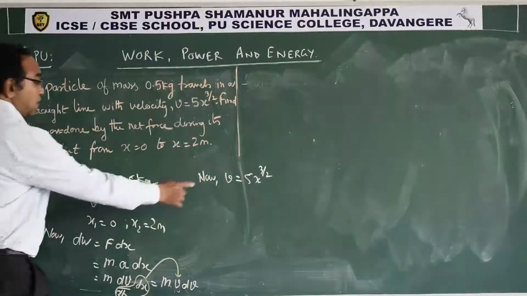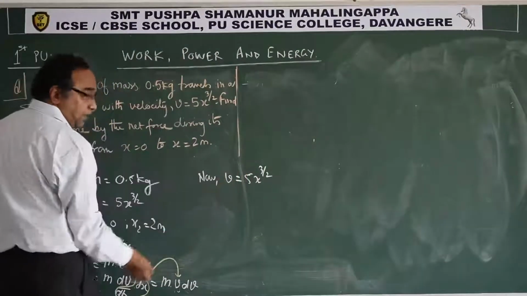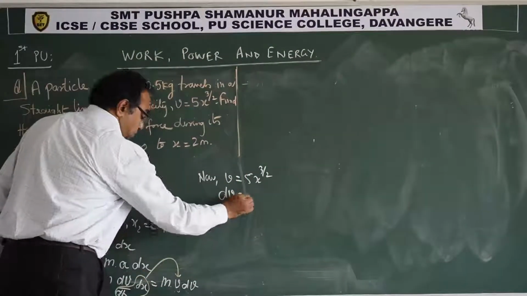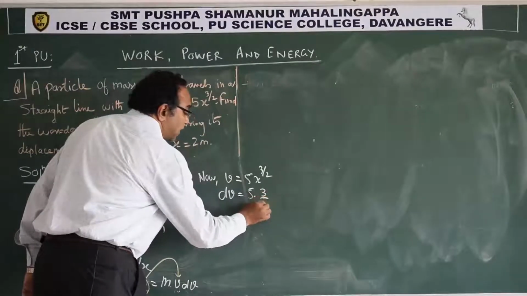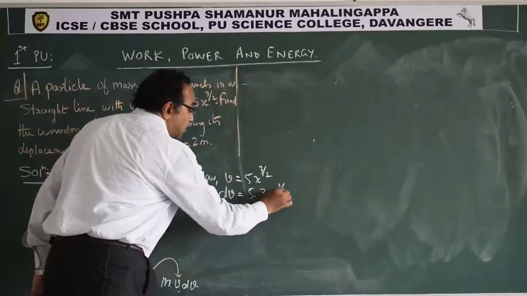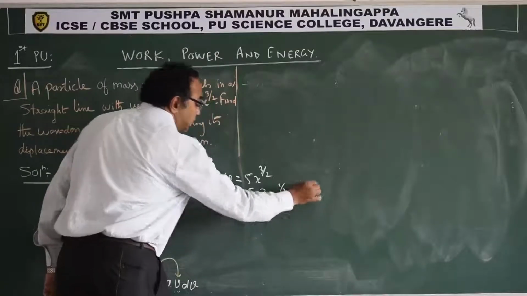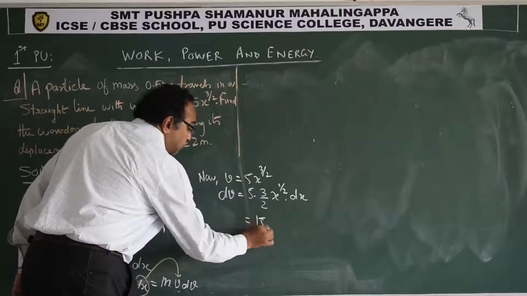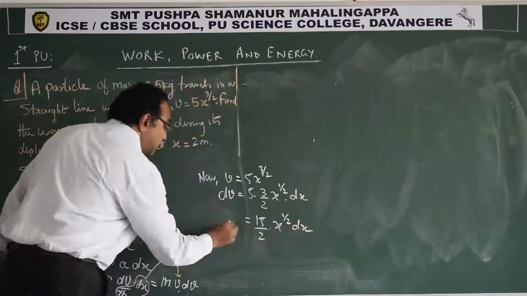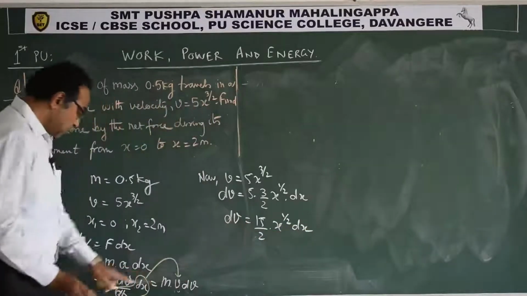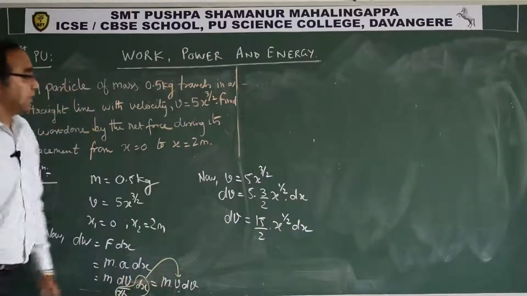Now v is this, differentiate it. So dv is equal to 5 into 3 by 2 x power 1 by 2 dx. So this gives us 15 by 2 x power 1 by 2 dx. This is dv. We got dv, we got v.